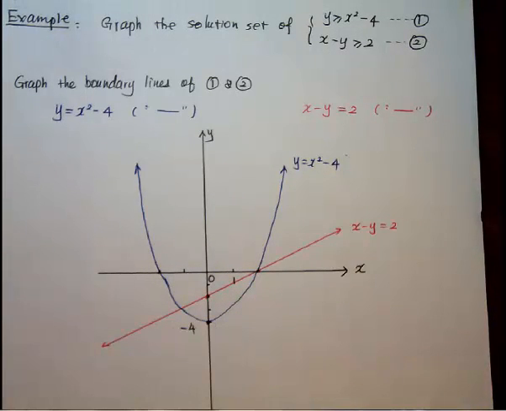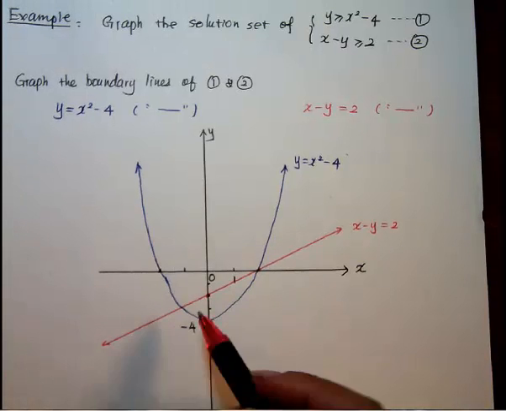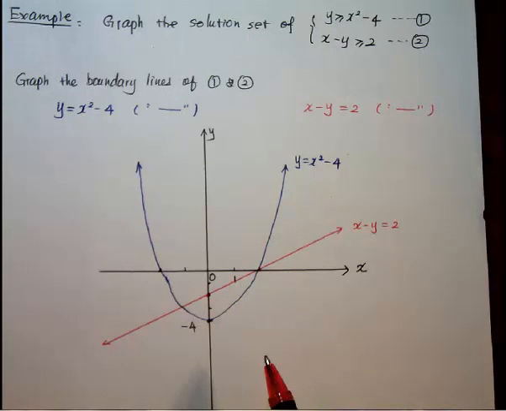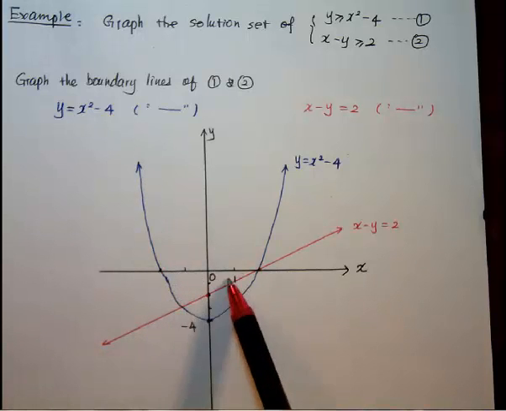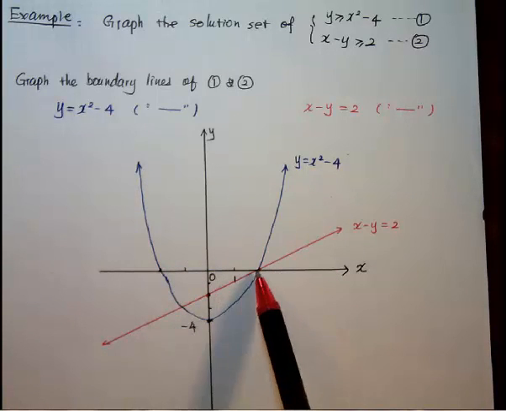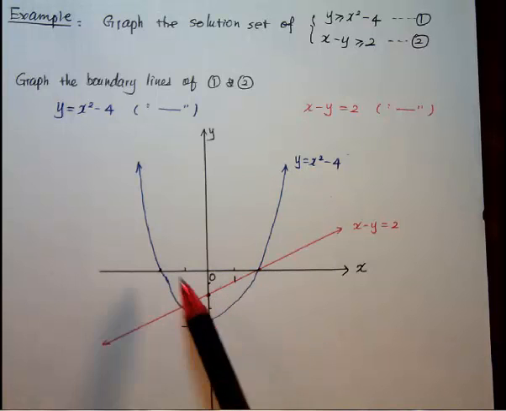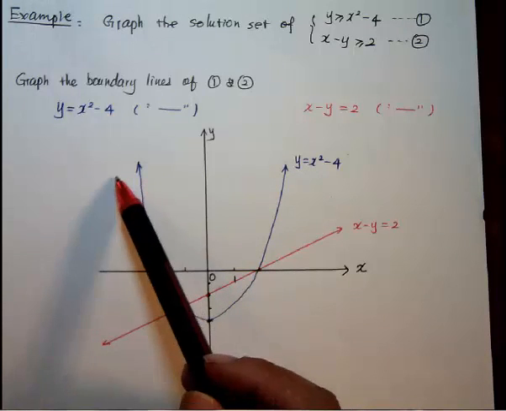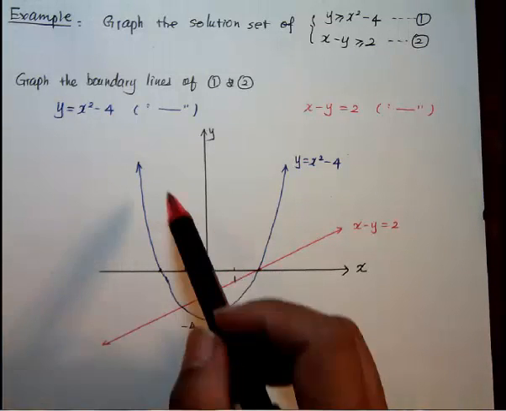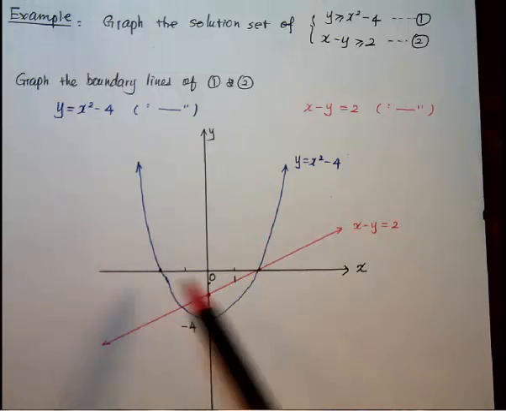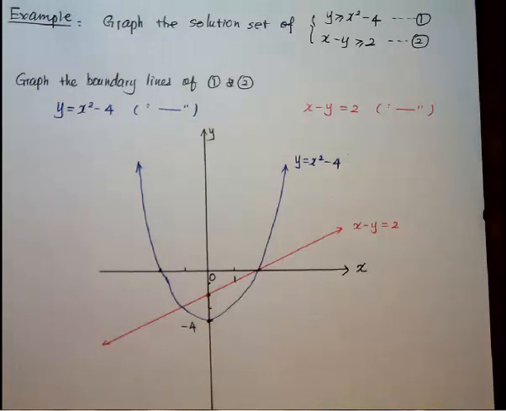Then you can see these two boundary lines divide the entire plane into regions bounded by this part above this line, or in between them, this little corner, or outside here above, or below. Okay, so you can choose some test point in this area, and this area to test that.